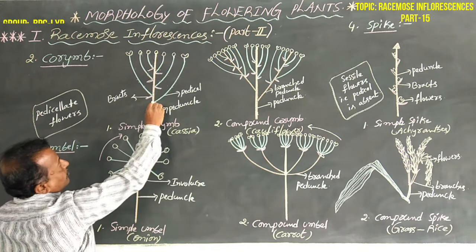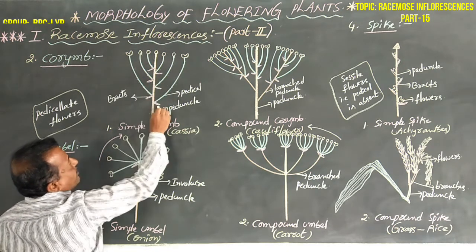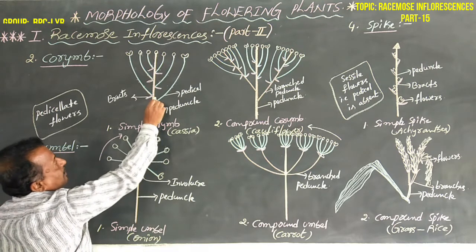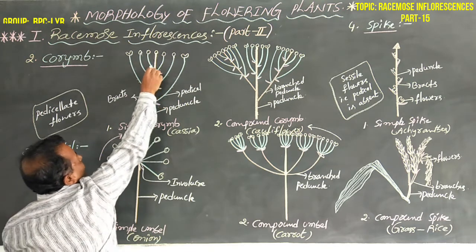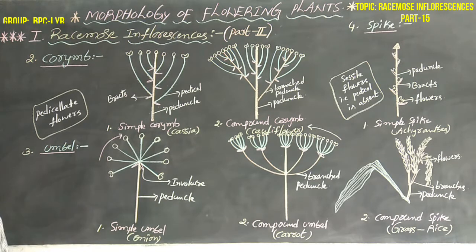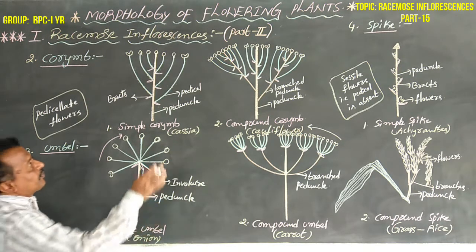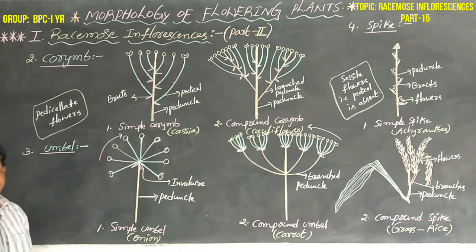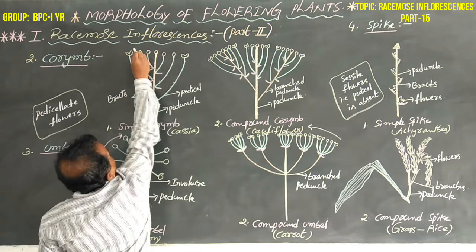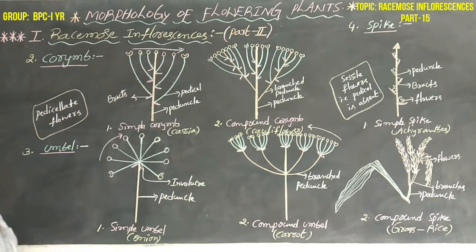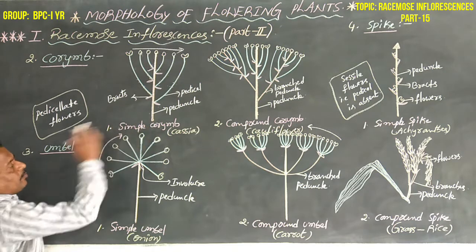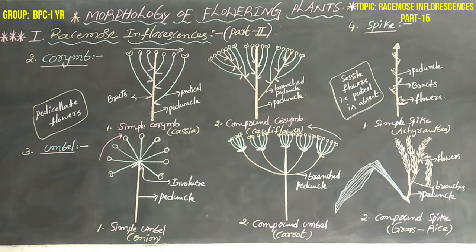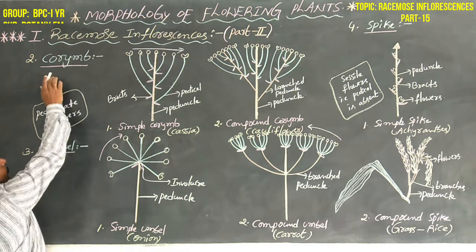Each node produces a bract and a pedicel. The bract is always developed at the bottom of the pedicel. Anyhow, the smaller and larger pedicels bring the flowers together more or less at the same height. That is simple corymb.